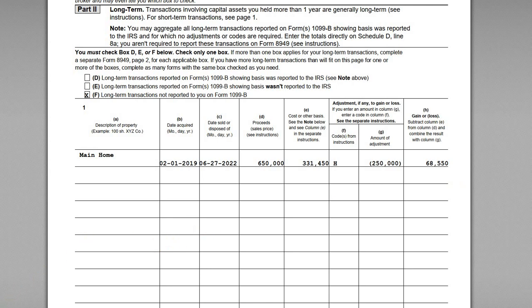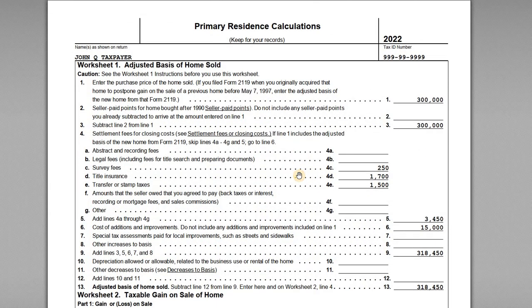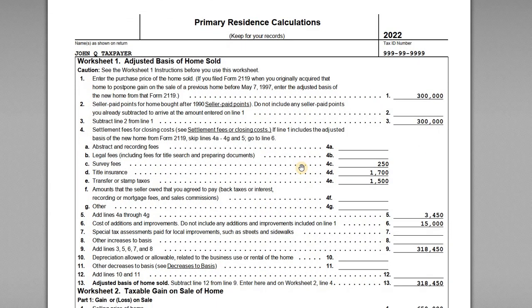Now, I also want to highlight the nice thing about the tax preparation software we use: it provides us a lot of additional worksheets that can be quite helpful. Now, these aren't filed with the IRS. You can see here, this is a primary residence gain exclusion computation worksheet, but it does indicate keep for our records, right?